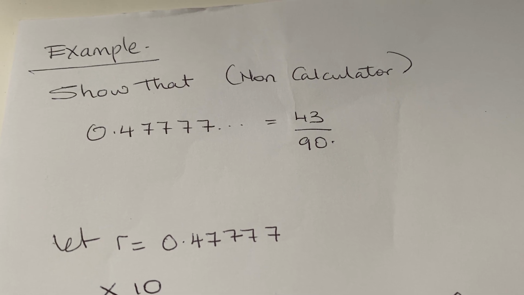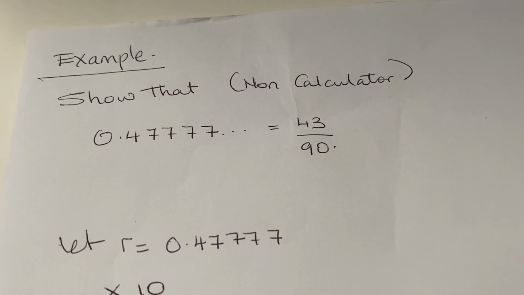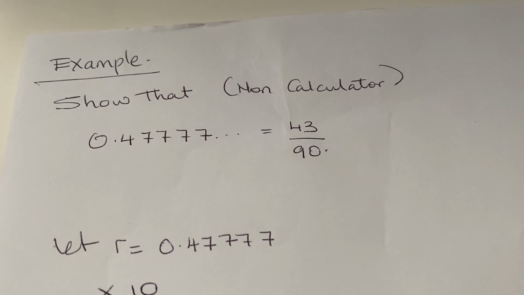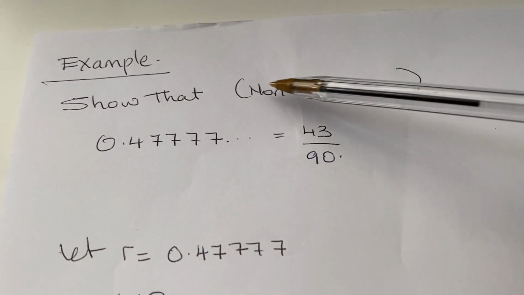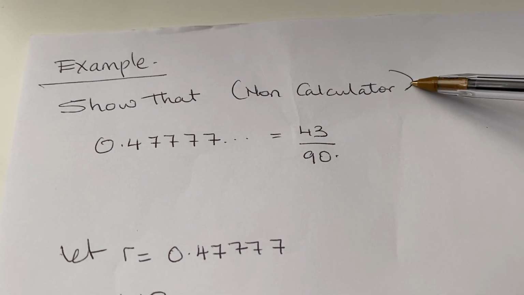Watch the last video, link it to today's video, and then you will see the pattern. Okay, you see the picture clearly. So this is another example. Show that this is a non-calculator paper.